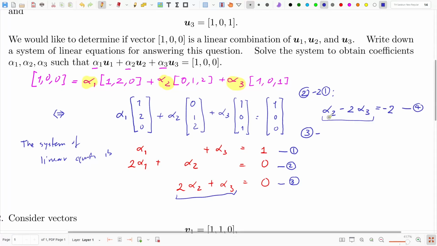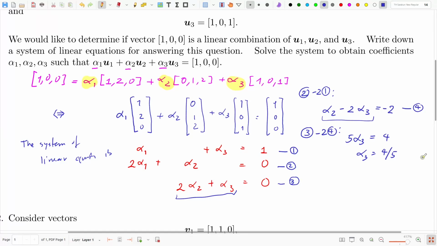So equation 3 minus 2 times equation 4: I cancel this out and I get alpha 3 minus 2 times minus 2 alpha 3, so 5 alpha 3 equals 4, since minus 2 times minus 2 is 4. So alpha 3 equals 4 over 5.